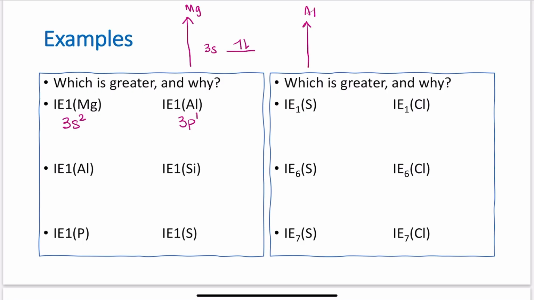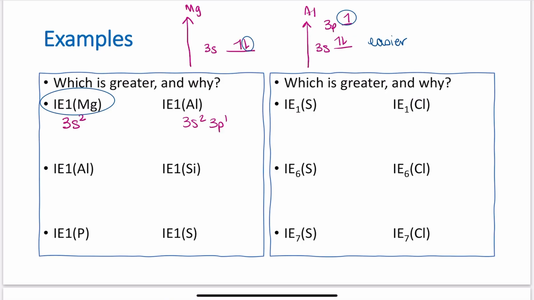Aluminum has a full 3s because 3p comes after that, and then a 3p. I'm trying to remove either this electron or this electron. This one is easier because I'm just going to empty out the p, which means greater is the first ionization energy of magnesium. I'm splitting up the s's.